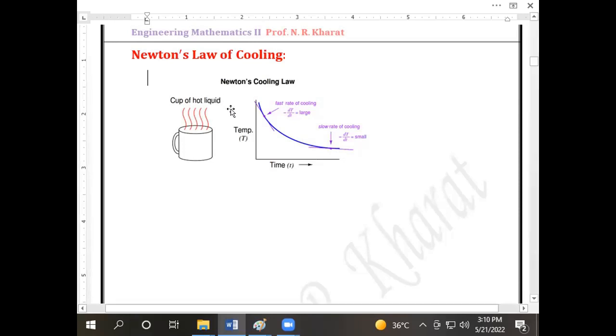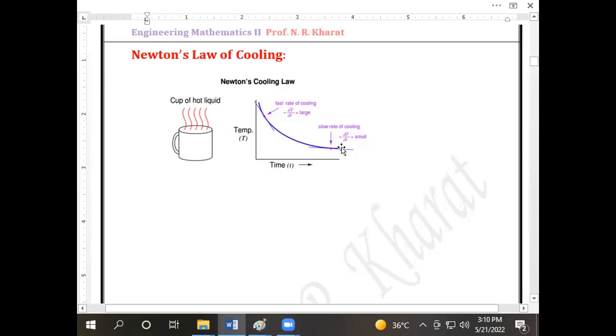The simple graph of this cooling of hot water with respect to time is shown in this figure. The temperature of the hot water is reduced as time goes on increasing.